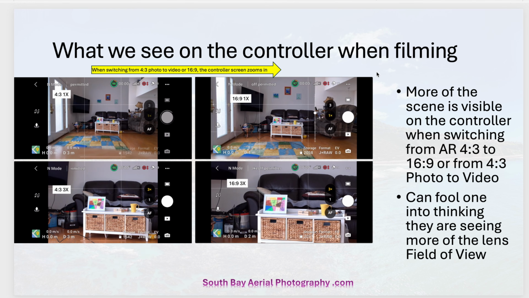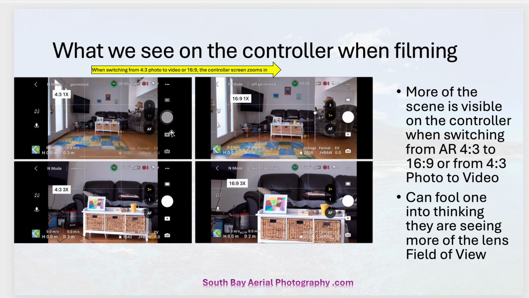When we look at the controller though, and we look at the 4:3, it actually takes up less space inside the controller. And we switch from the controller point of view of 4:3 to 16:9, if we're going from photo to a photo, or we switch from photo to video, the controller point of view, field of view, increases, and we see more of the actual scene, and it almost seems like it blew up and it came closer.